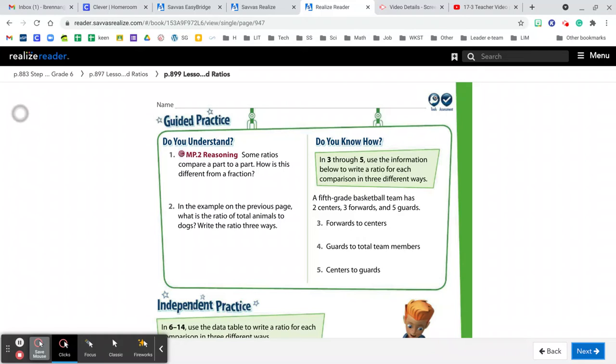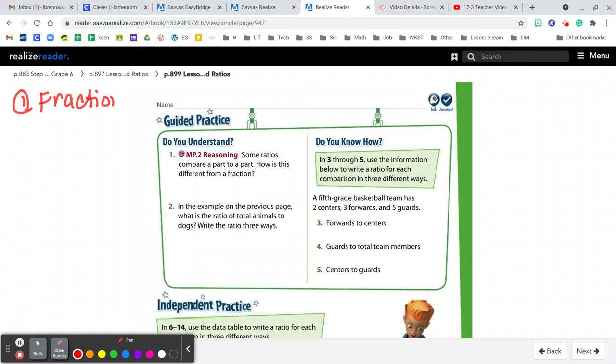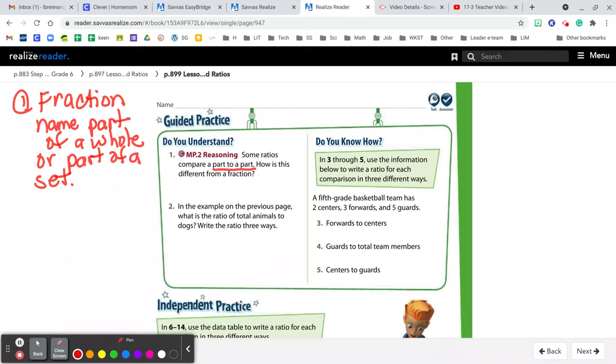So for one, you could say a fraction names part of a whole, or part of a set. And ratios name part to part. Some ratios name part to part.